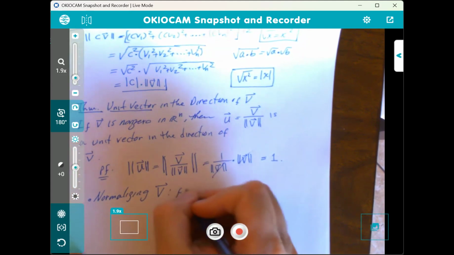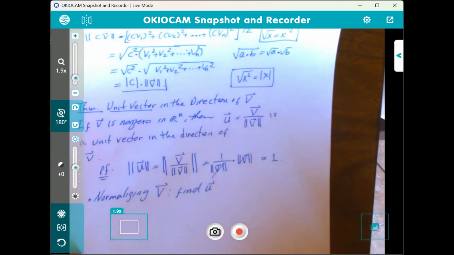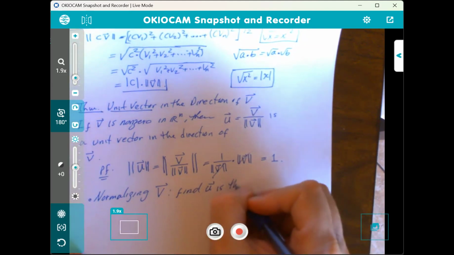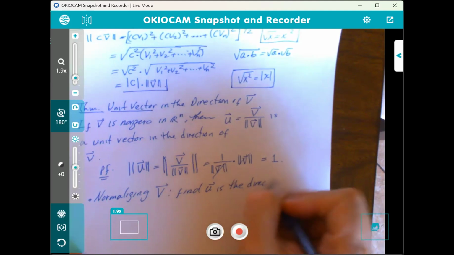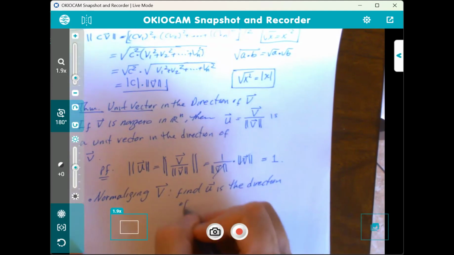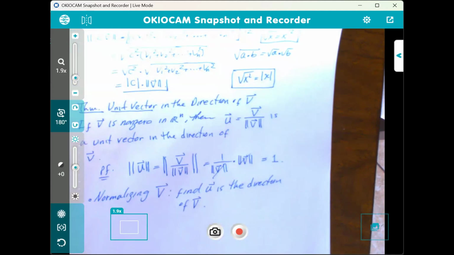That means find a unit vector in the direction of v. There you go. So that's what normalizing a vector means. Okay, so hopefully everybody's good at this point.